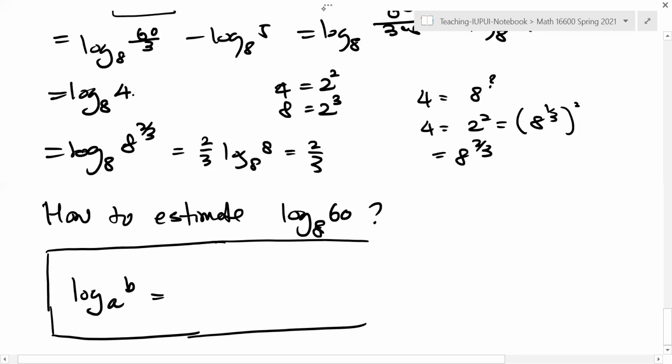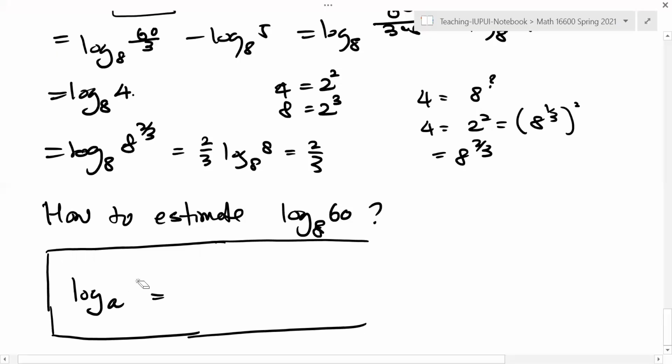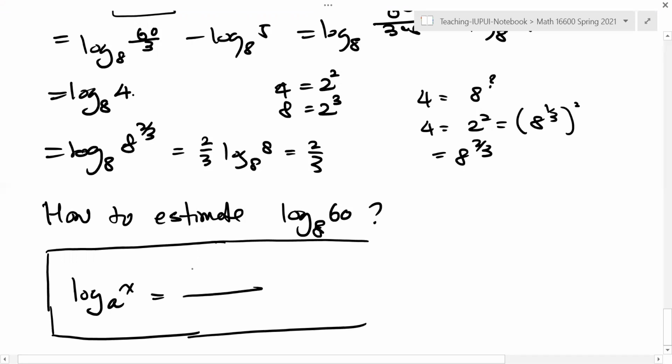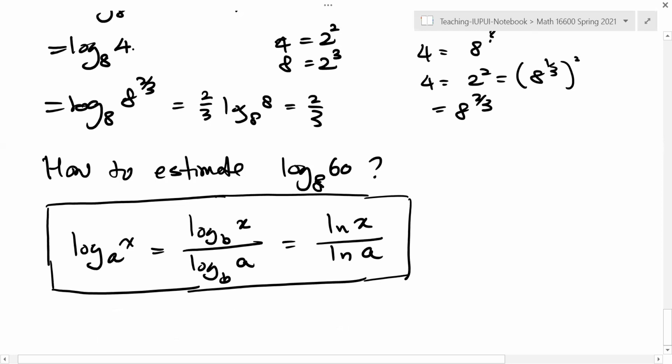Let's use X here instead of B. I can use any base. In particular, you can let the base be E. Then you get natural log X over natural log Y. That is weird, right?